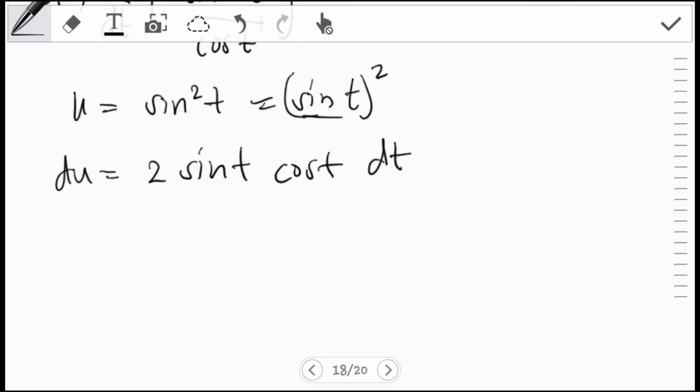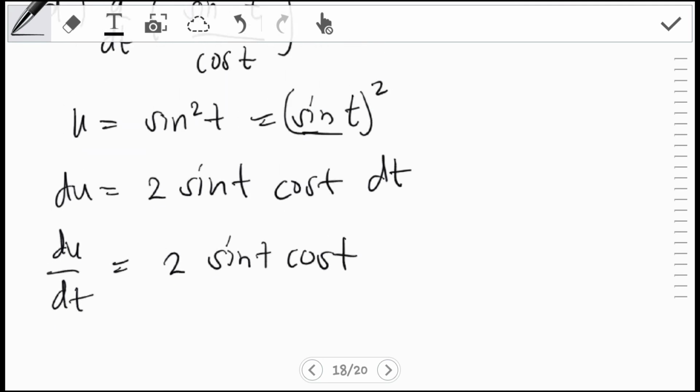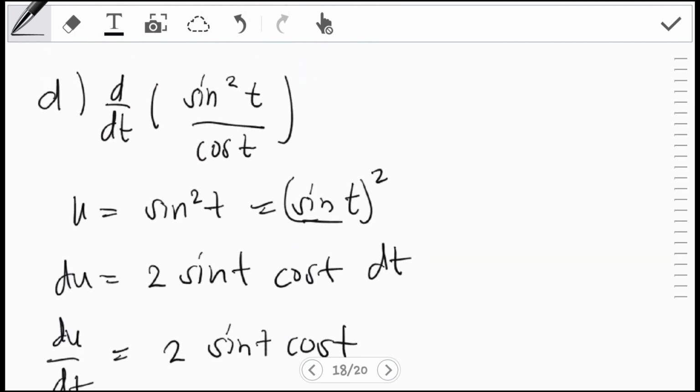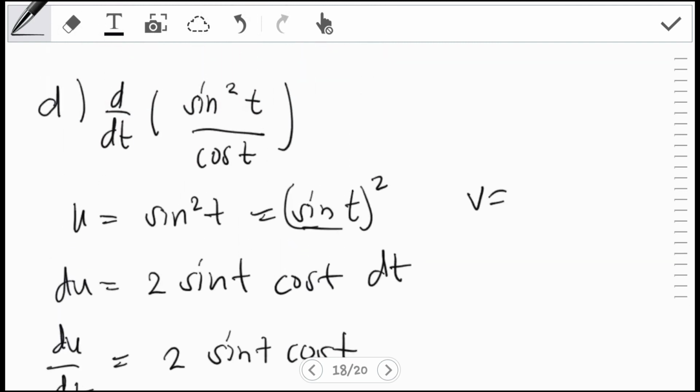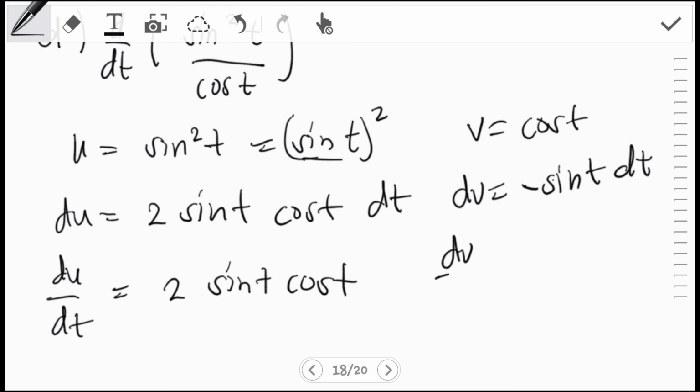So du over dt is equal to 2 sine t cosine t. And then v is equal to cosine t, so dv here is equal to negative sine t dt. So dv over dt is equal to negative sine t.